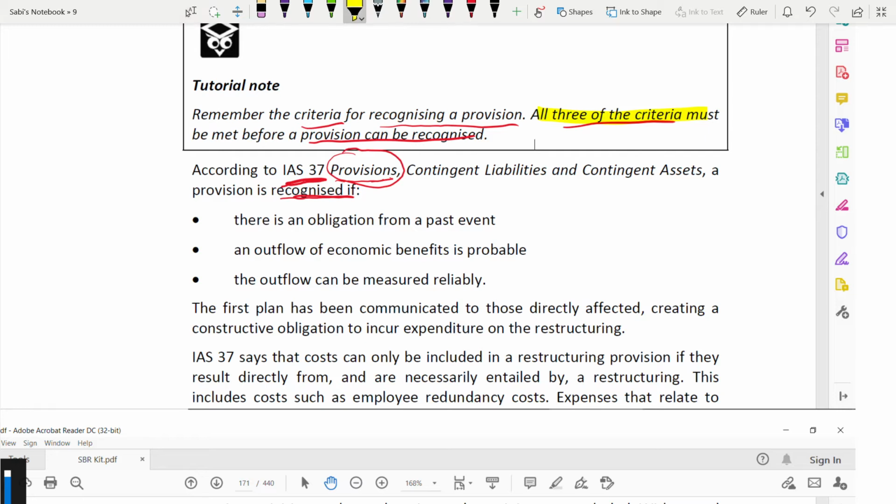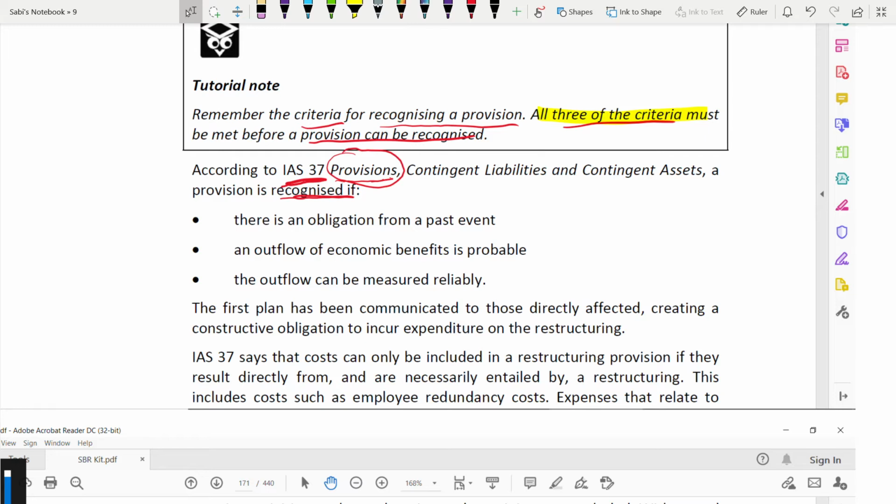That means from the past event you should see whether there is an obligation that there will be a cost relating to this, so that I should recognize it. For example, let's say you are having a court case right now. Whether you provide for it or not depends on the case study.